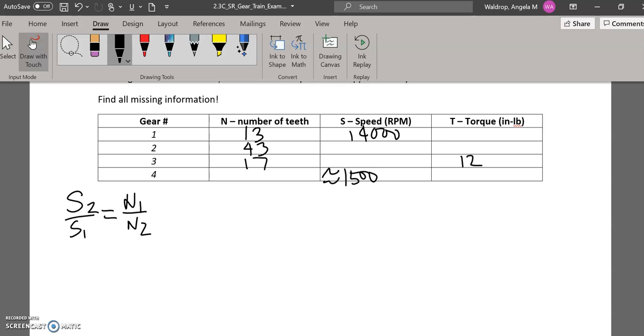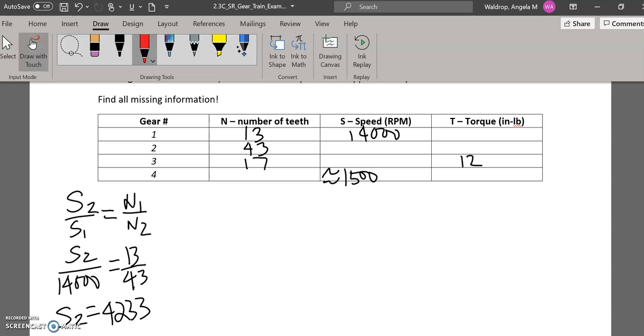If I substitute my numbers in, I'll have S2 over 14,000 equal to 13 over 43. And you can see that I got that from my chart. If I go through my math, my cross multiplication, S2 is going to equal 4233 RPM. And I can go ahead and write that into my chart.